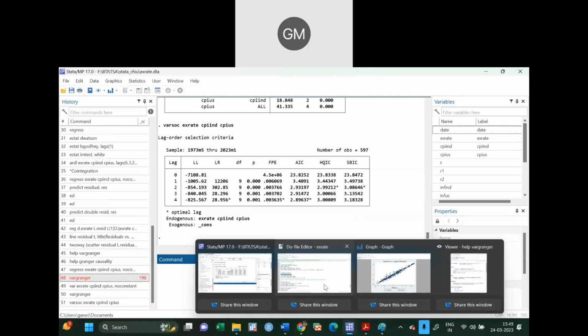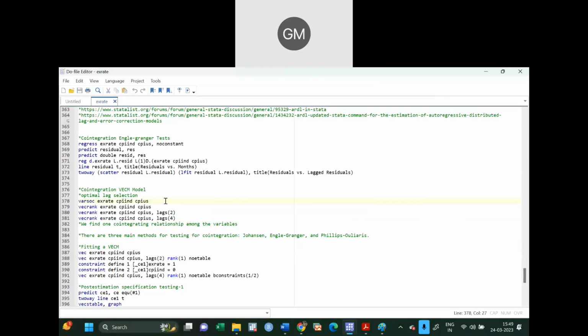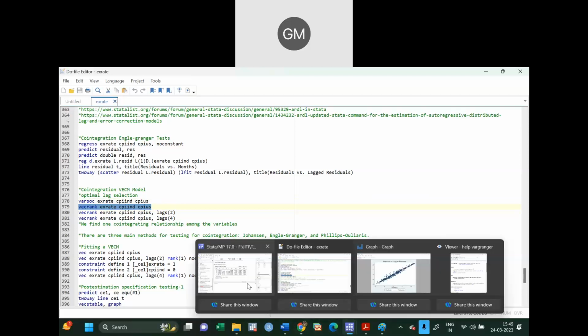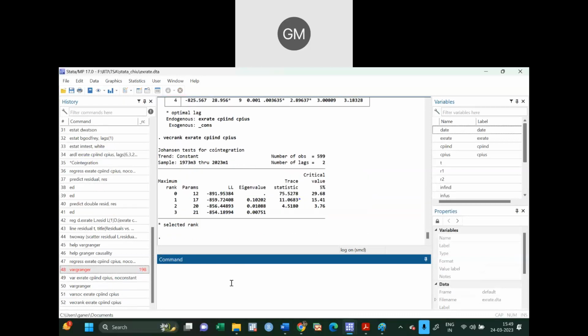Then we go next to the rank according to the rank of the variables. So we give the level variables in the command, and then we are deciding on the rank. And depending on the rank, we will be selecting the number of cointegrating relationships.